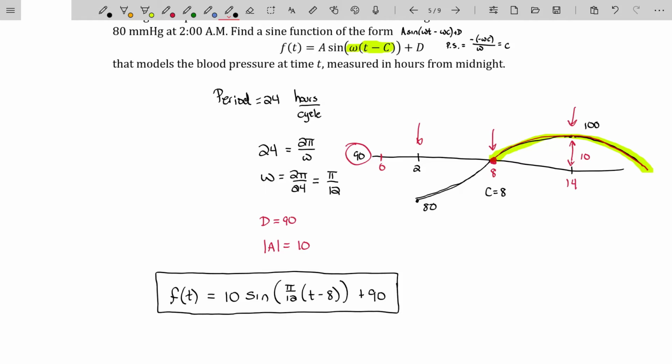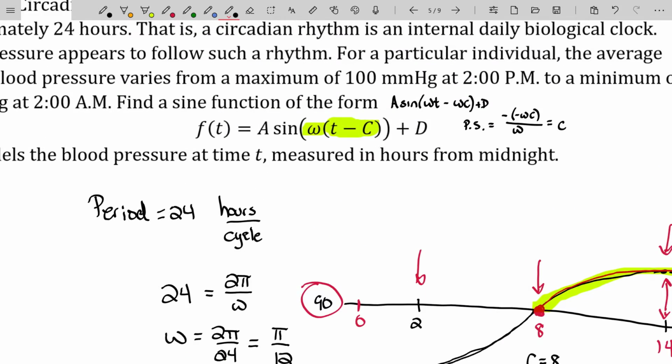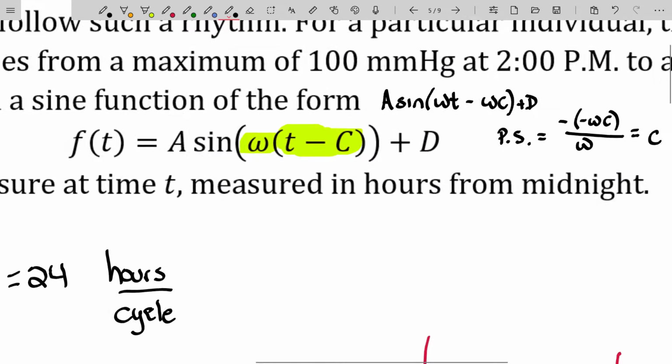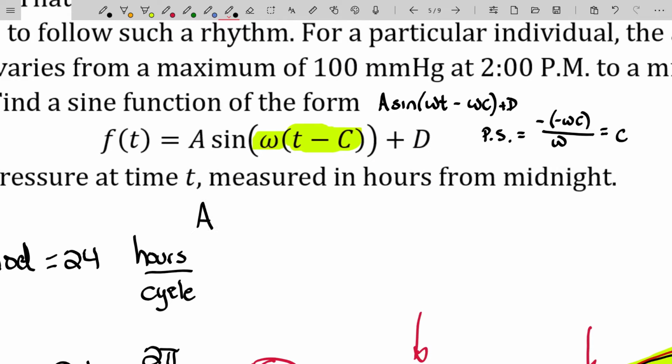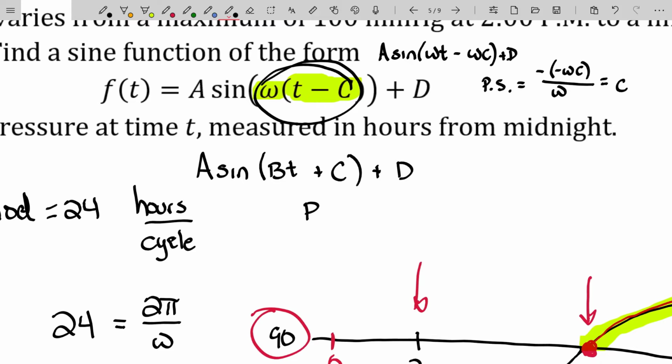I should mention that when I normally graph, I would say this is a sine of b t plus c plus d. But they pre-factored here, and that's why the phase shift is not negative c over b.